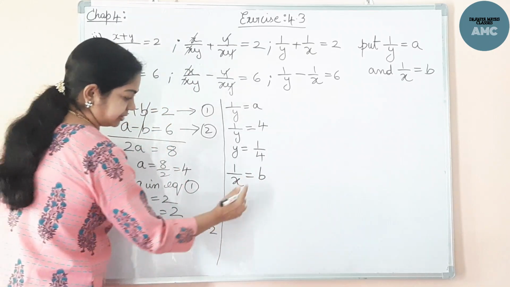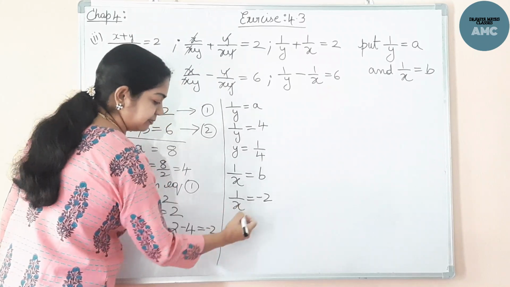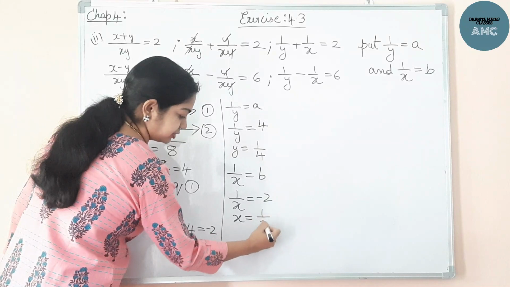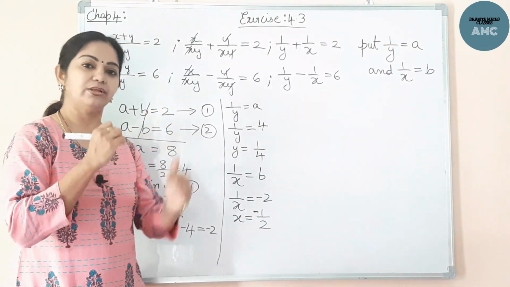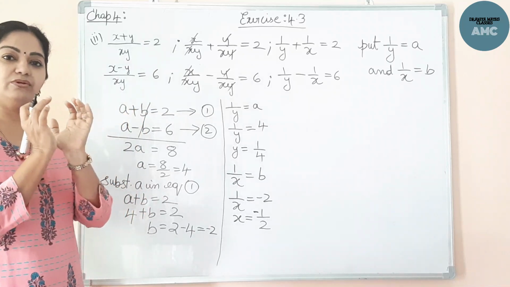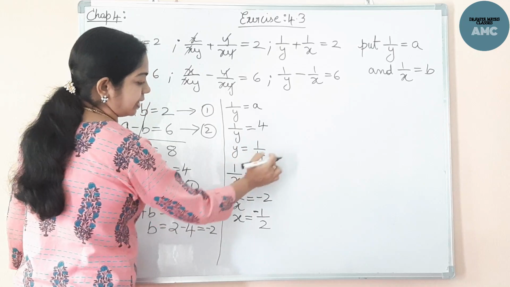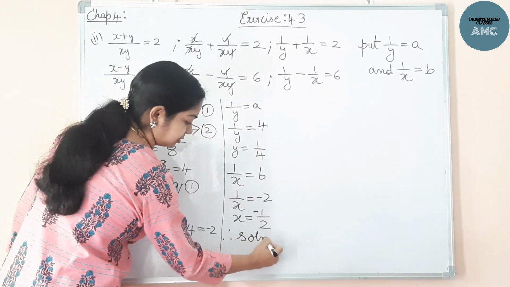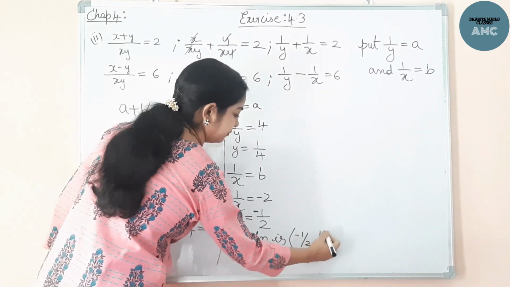Now the b value is minus 2. So 1 by x equal to minus 2. So interchange them. So it comes to x is equal to 1 by minus 2. Minus in the denominator or the numerator, it comes to the whole of the fraction, isn't it? Now x is minus 1 by 2, y is 1 by 4. Therefore, the solution is minus 1 by 2 and 1 by 4.